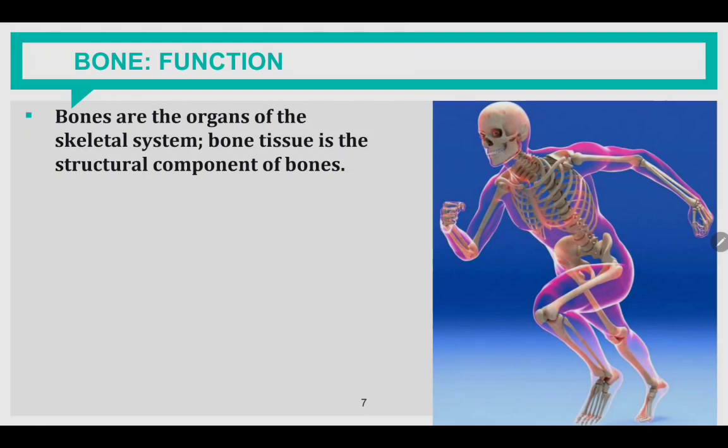Bones are the organs of the skeletal system. Bone tissue is the structural component of bone. So basically, when we say bone, it is a tissue. Don't be confused. Bone is a type of tissue. Let's talk about the different classification of bones.